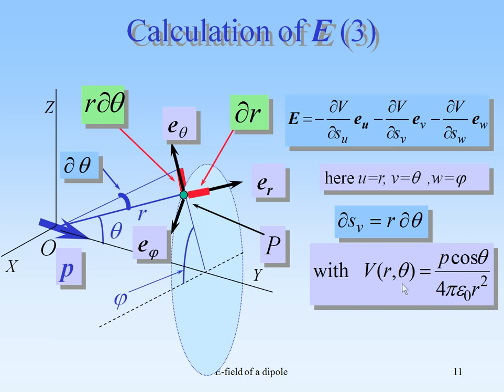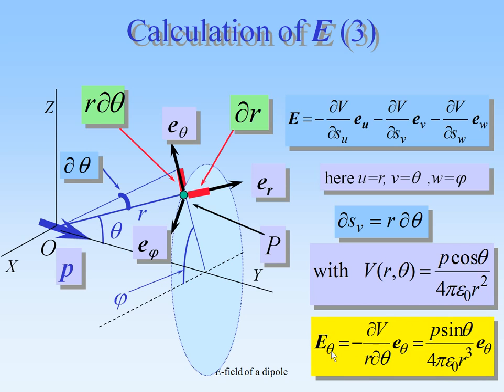And thus V(r, theta) is p cosine theta over 4 pi epsilon naught r squared, which leads to E theta, the component in the theta direction, equal to minus dV over r d theta. E theta is p sine theta over 4 pi epsilon naught r to the third. So there is a contribution to E along E theta as well.